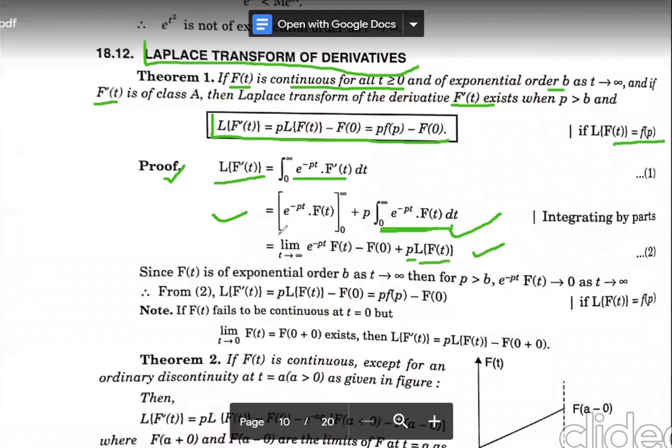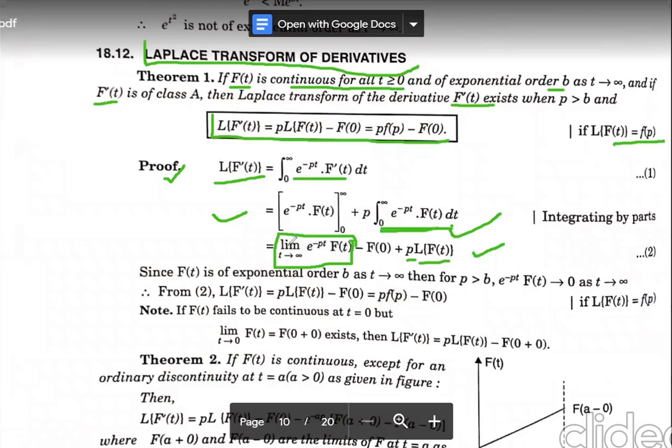Now, as you know, if you take the limit as t tends to infinity of this, then its value tends to 0. Because the limit is t tends to infinity, e to the power minus infinity becomes 0.